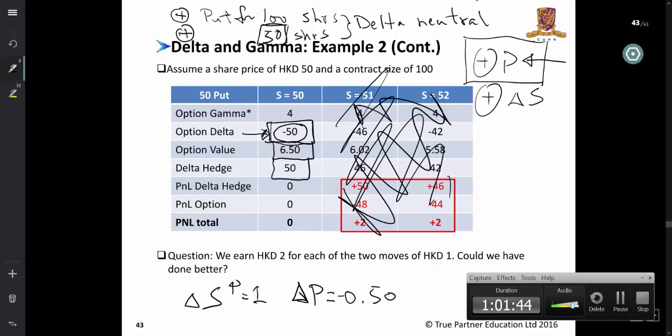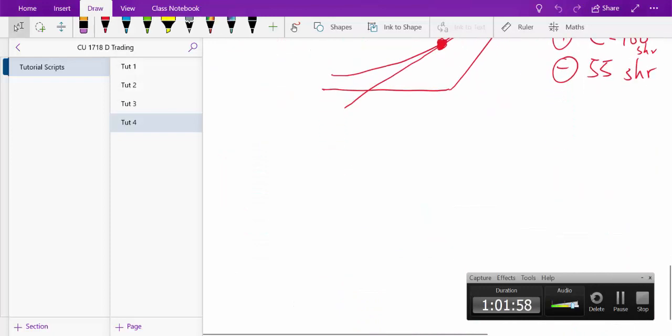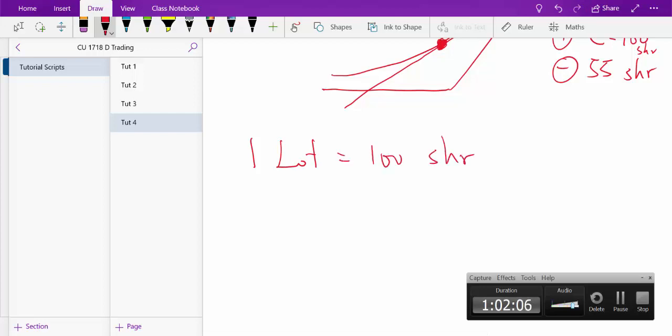I'm kind of used to the American market, where when you are buying shares, they deal in standard lot sizes, and I quite like that. So one lot, they make things simple, is equal to 100 shares always. In the Hong Kong market, that is not the case.